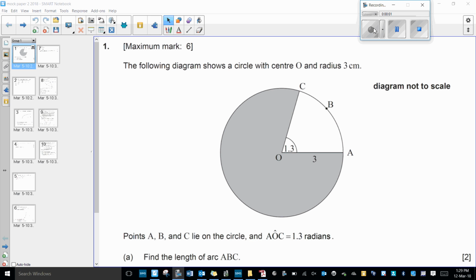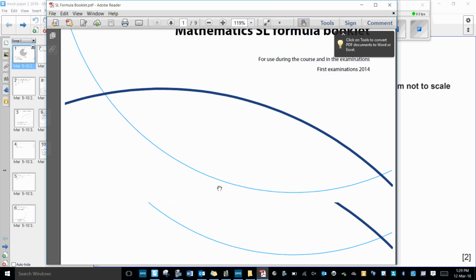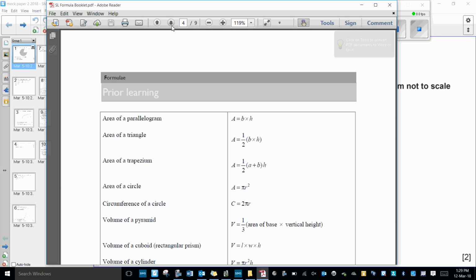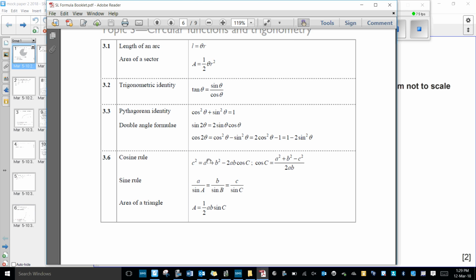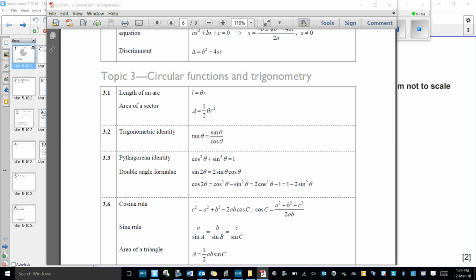So if we go to our formula booklet, I'm going to snip this because we're going to use both of them. So we're looking at the length of the arc, so that first one.